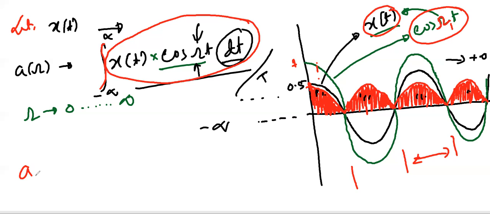So for omega 1, you are getting a value greater than 0, a very high value, because you have a very high correlation between x(t) and cos(omega t). They look the same, not in amplitude, but in frequency. Okay.